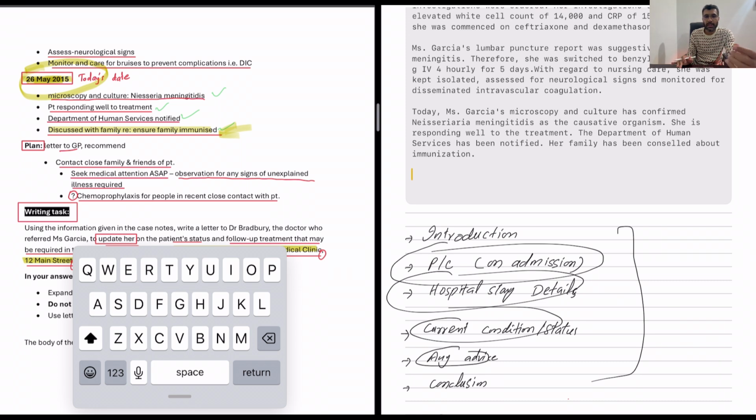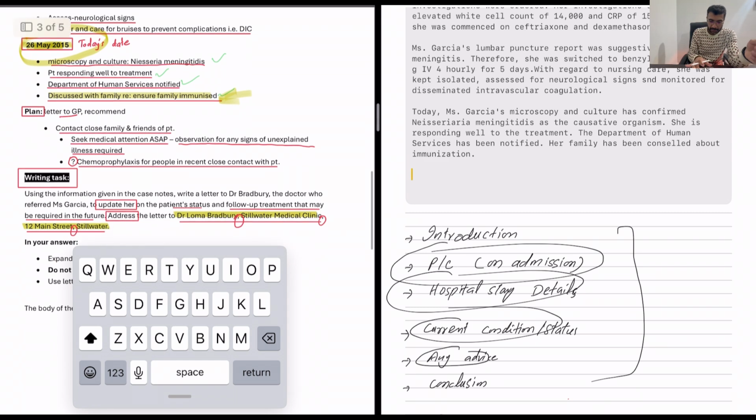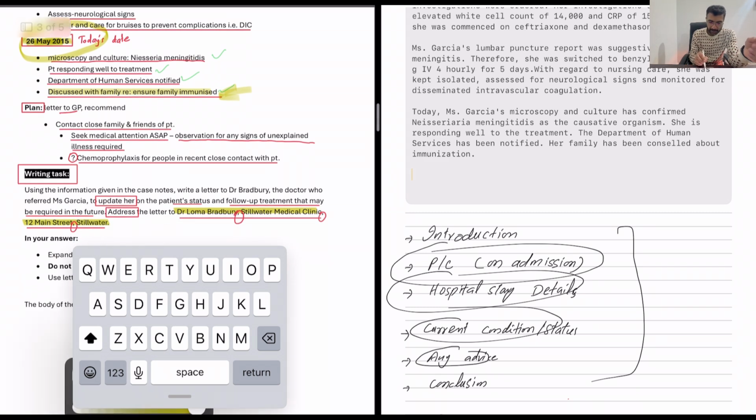We will ask the GP to contact close family and friends of the patient, because this is something which should be done by the GP, not by the hospital doctors.